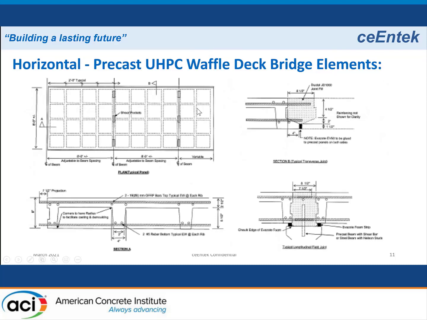And then this one shows a 2-panel cantilever, but typically it's 1 panel. And that outside panel can be solid to receive the barrier on the outside of the bridge. Over the girder, you see here a bar coming out of the beam, filling the UHPC connection, and you end up with a horizontal shear connection to the girder.